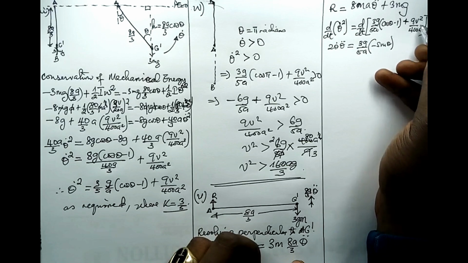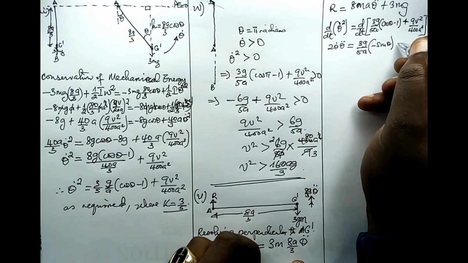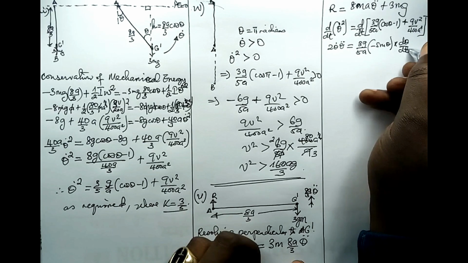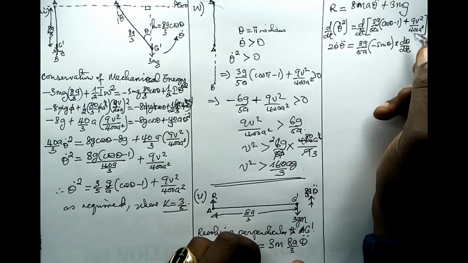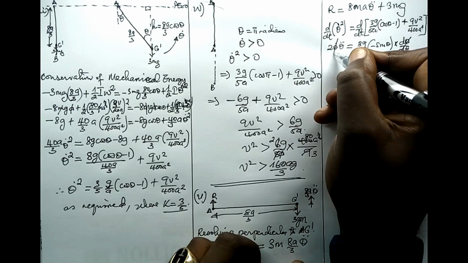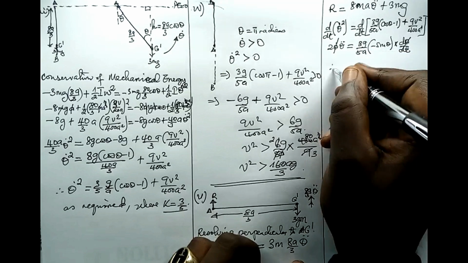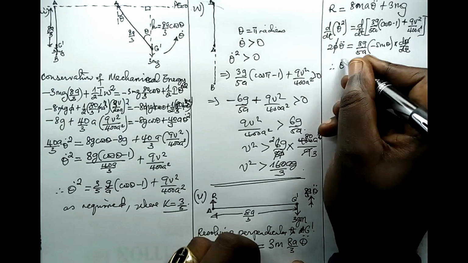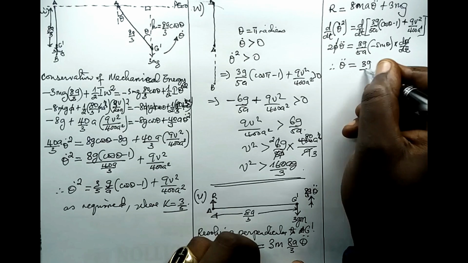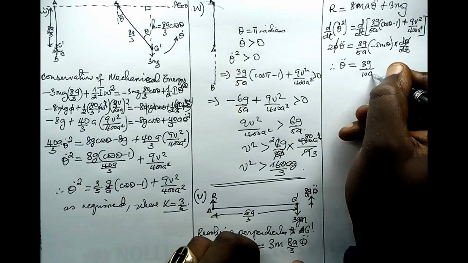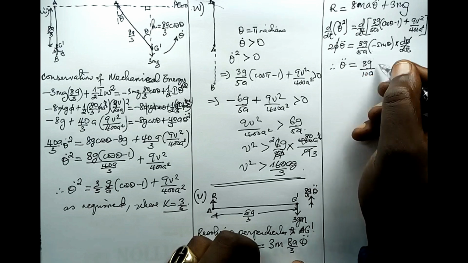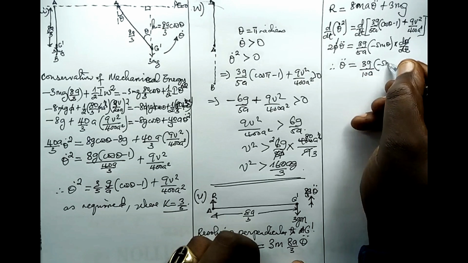That's a constant, so the differential is 0. Then I multiply the answer by d theta dt. And d theta dt is simply theta dot, which will cancel this other one. And so my theta dot dot should be 3g all over 10a, I divide through by 2, so I get 10a at the denominator, of negative sine theta.